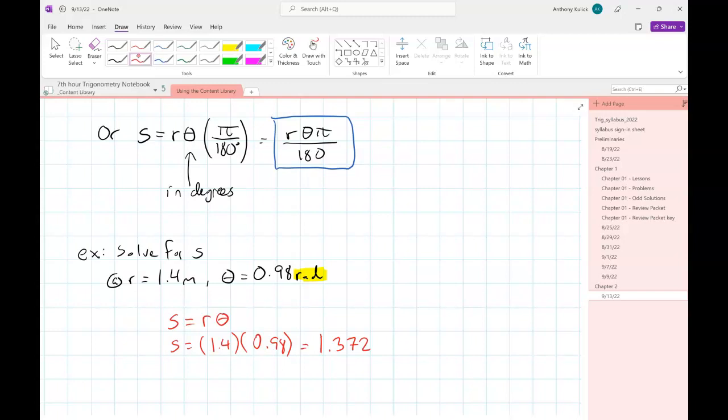What other length unit did we use in this calculation? Meters, right? Radians isn't a length, it's the size of an angle, but meters measures length. This should be meters, just matching the unit that I used in the calculation.